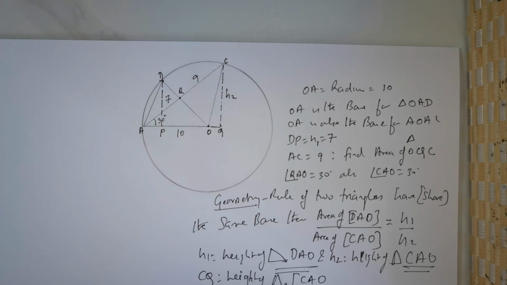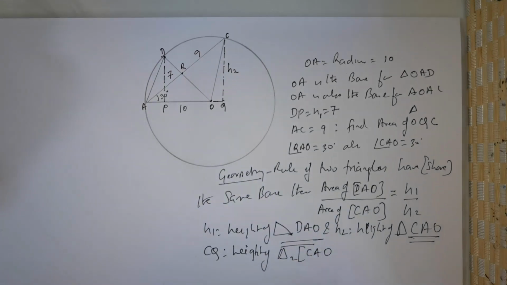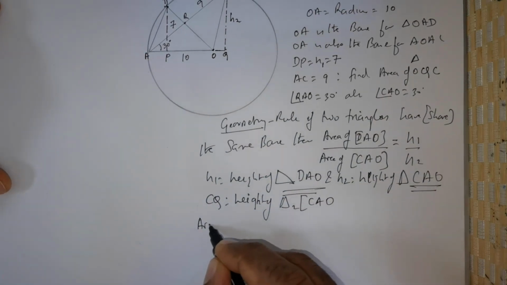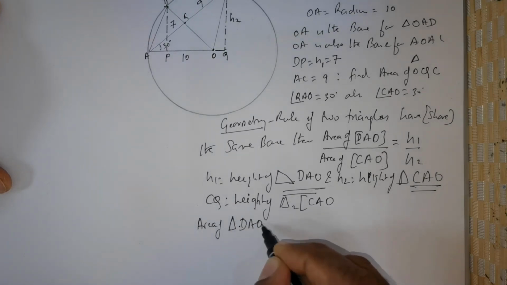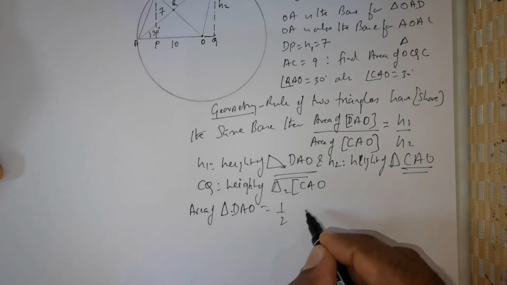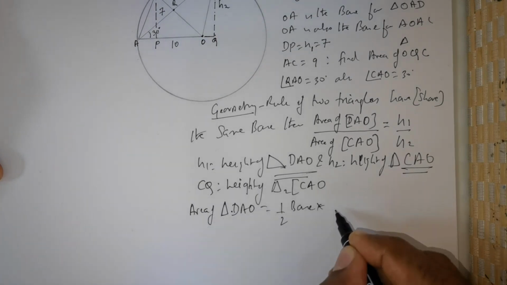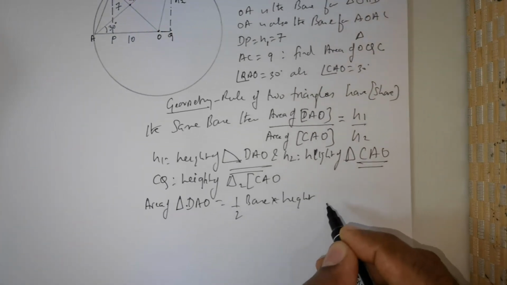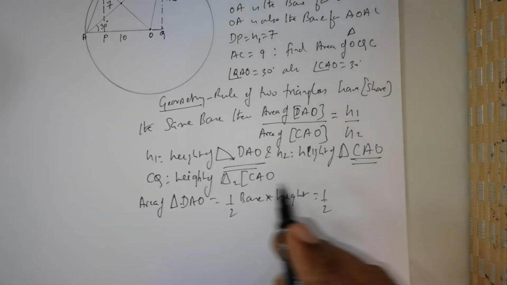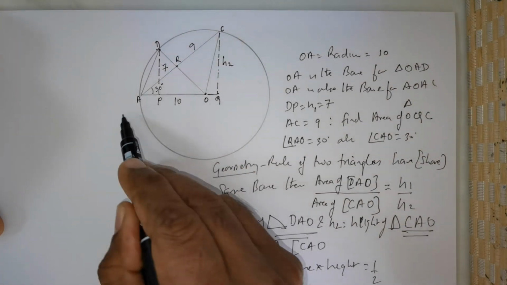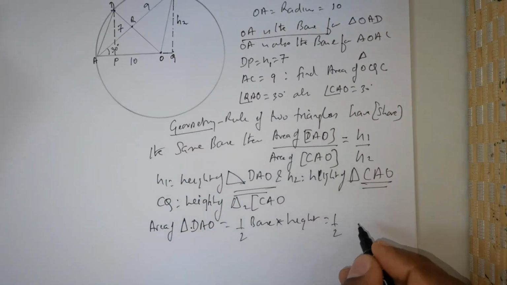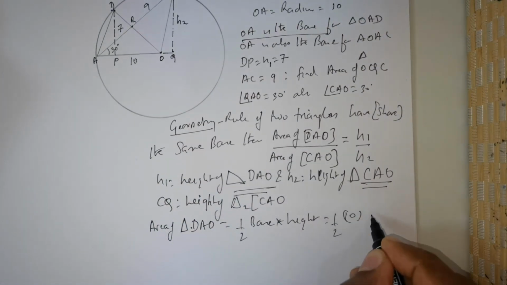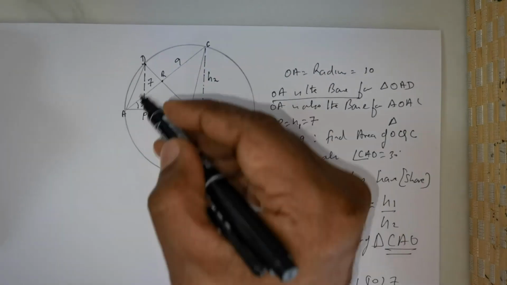So let me start off with the first one. First one is find the area of triangle 1, which is DAO. That is nothing but half times base into height. Now my base is given, OA. OA is the base, so that's 10 units, and height is 7 units.